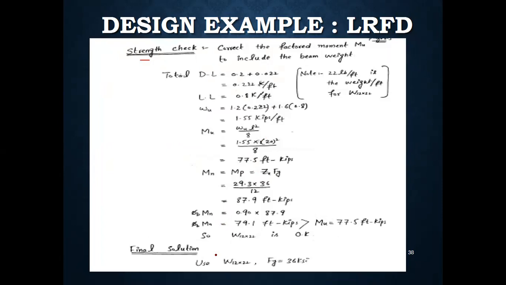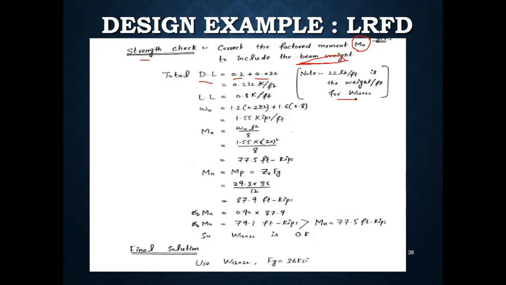For this strength check, we are going to again find the factored moment generated due to load. But this time we are going to include the weight of the beam as well, because we have now selected the section of the beam. So the total dead load becomes 0.2, which is the superimposed dead load, plus 0.022, because 22 pounds per foot is the self weight of the member W12 by 22.